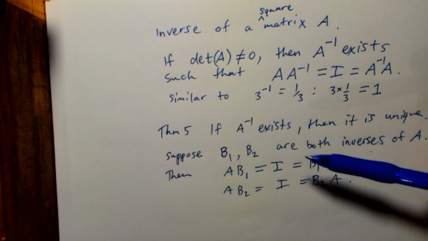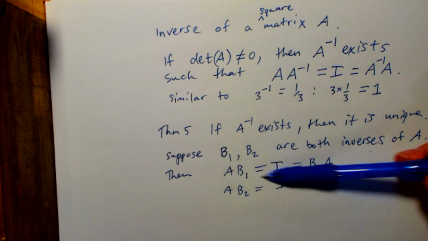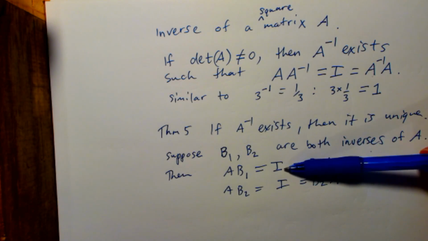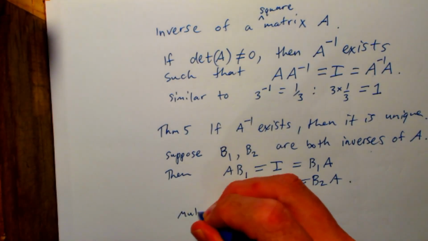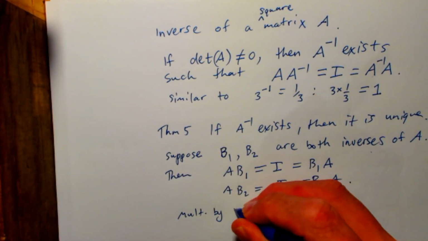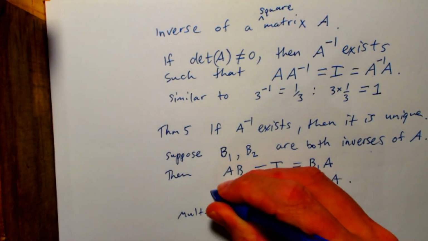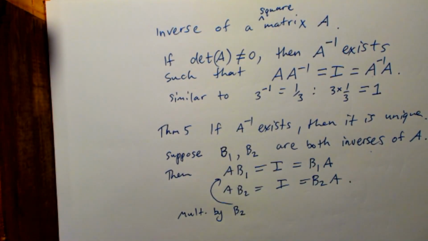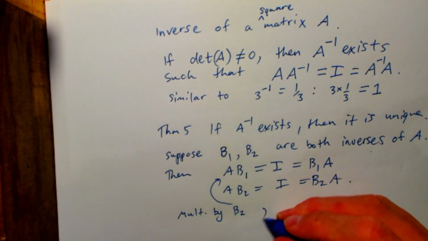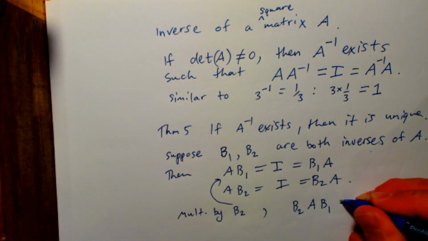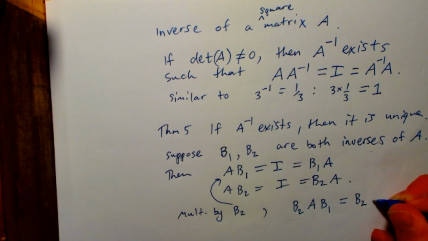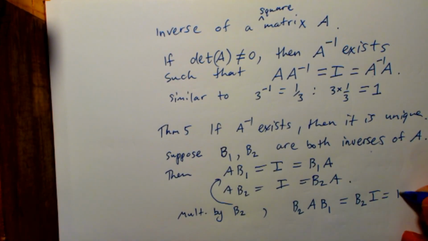Alright, now let's have a look at this equation right here and multiply that on the left by B2. So multiplying by B2 in this one on the left, we have B2 times A times B1 is equal to B2 times I, which is B2 by definition of the identity matrix.